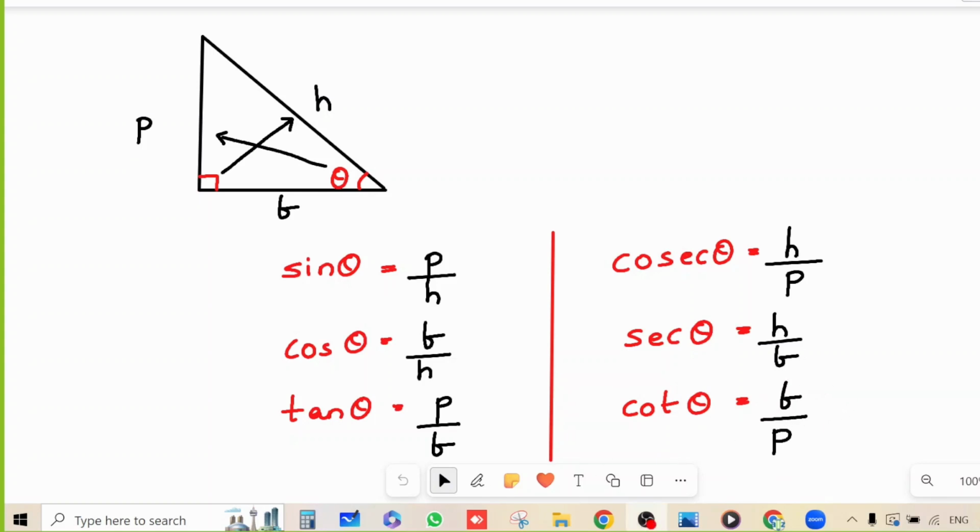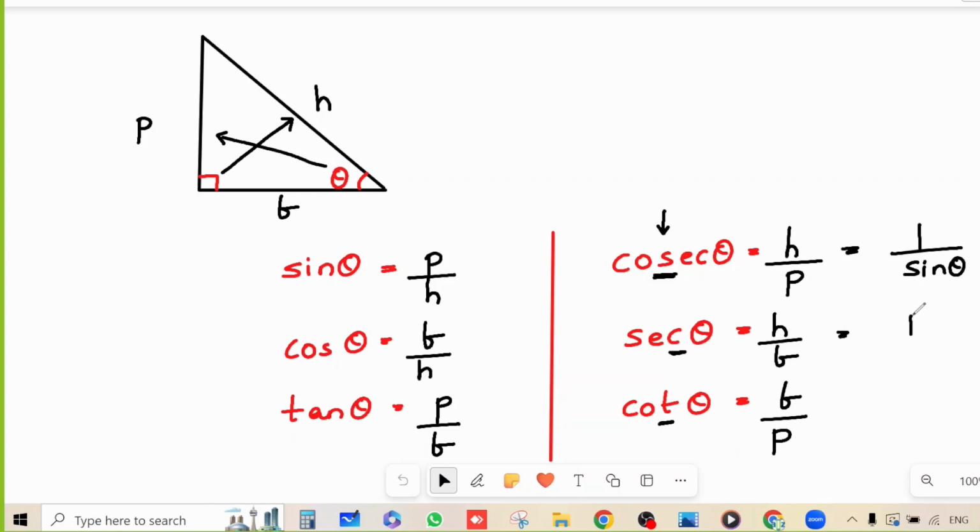If you find difficulty in remembering which trigonometrical ratio is the reciprocal of which other trigonometrical ratio, let me give you one hint to remember this. Always check the third alphabet. This is S, which refers to sin theta. This is C, which refers to cos theta. This is T, which refers to tan theta. So cosec theta here is actually 1 by sin theta.